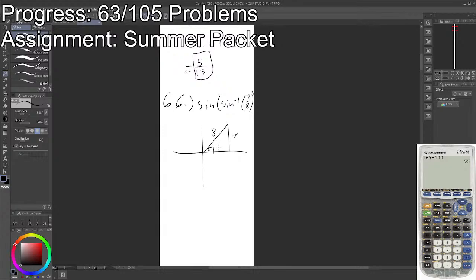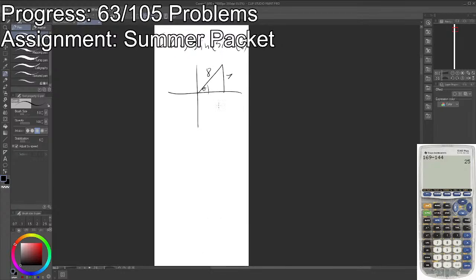Is it literally just 7 over 8? It would be, right? I'll find the other one. I don't think you have to. 64 plus 49 equals c squared. 113 equals c squared.